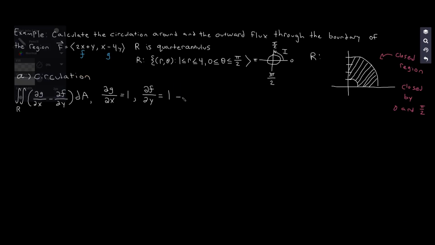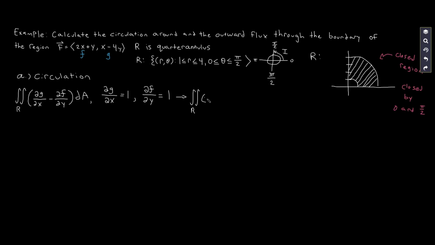And so what this equals is a double integral over region R of 1 minus 1. Well, 1 minus 1 is 0, and the answer to this is going to be 0.